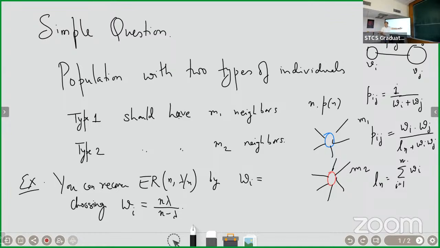See, Wi also controls the degree. So if you want a power law type of behavior, what do you expect? Some nodes to be very high degree, but quickly degenerating into smaller degree nodes. If I were to ask you what type of Wi should look like, not to prove directly, but think of it, what do you expect the function Wi to be? Does something like this appear to you?